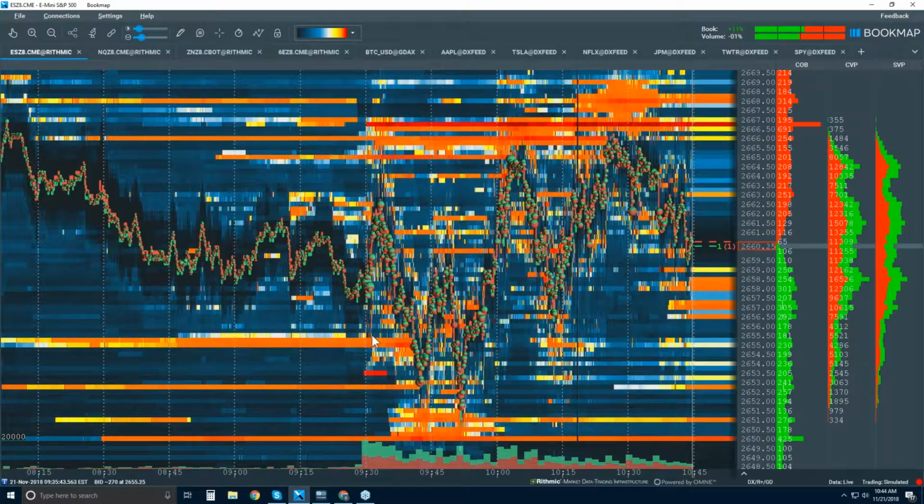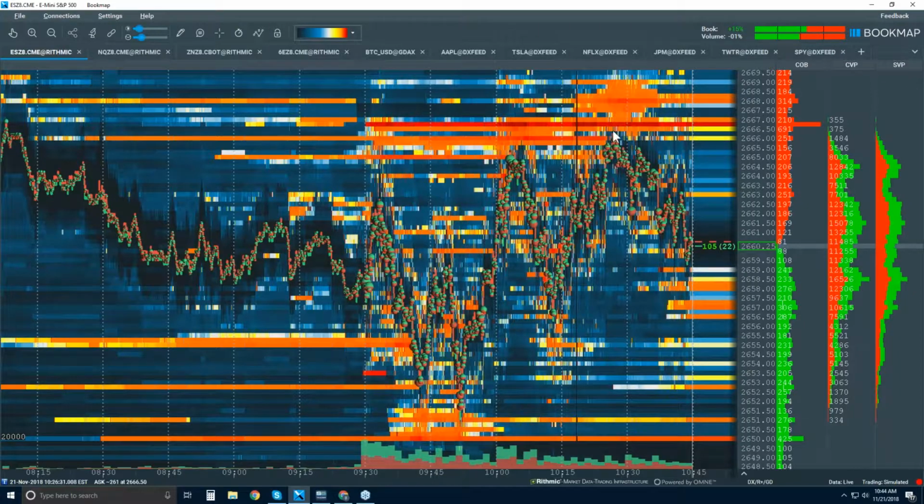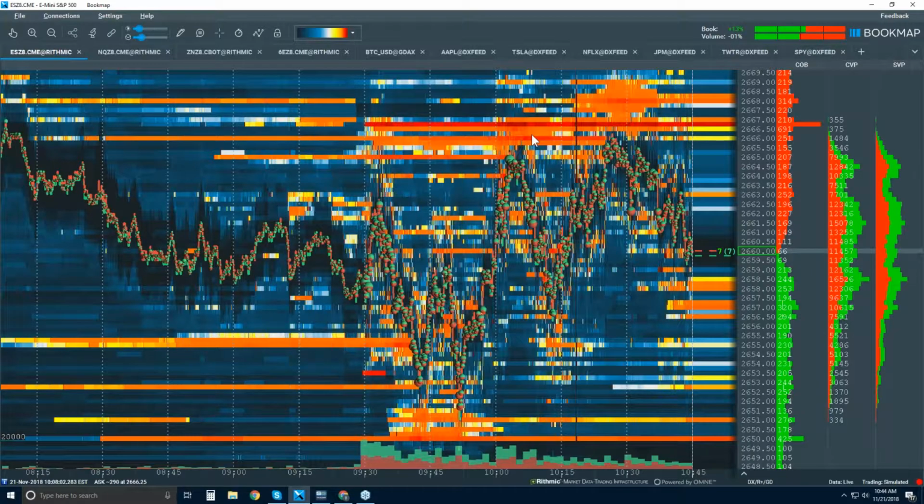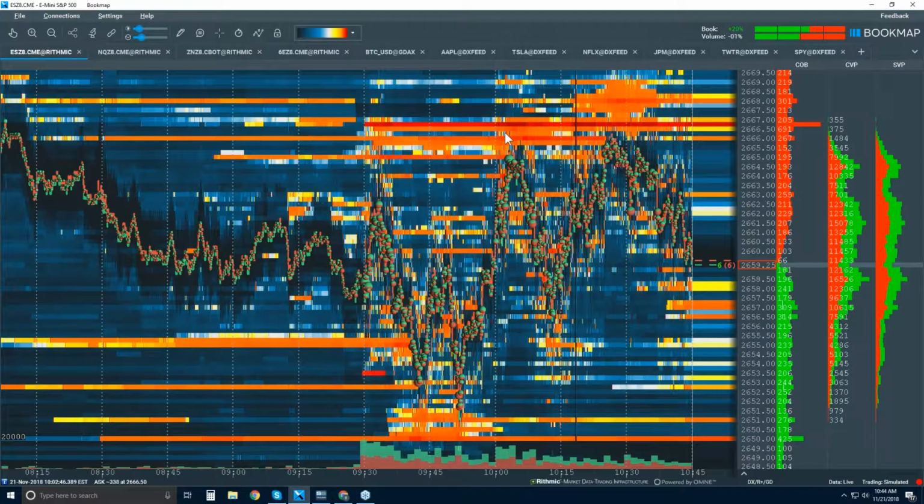What we're looking at here, and I'm going to cover it, don't worry, is this heat map. It gives us a lot of insight into why this move occurred to the upside into high liquidity up here. It's not because there's a fib level and all sorts of fib traders are putting their orders up here to sell. There might be some, but there's all sorts of other traders involved as well.